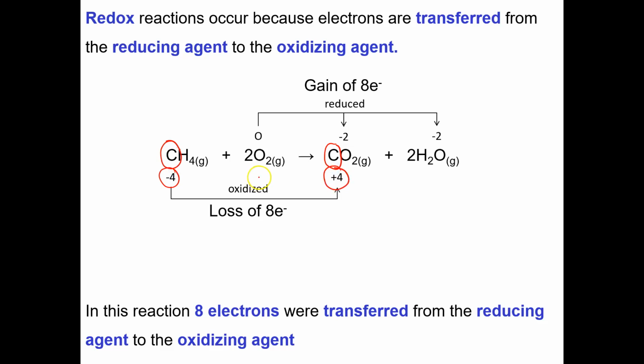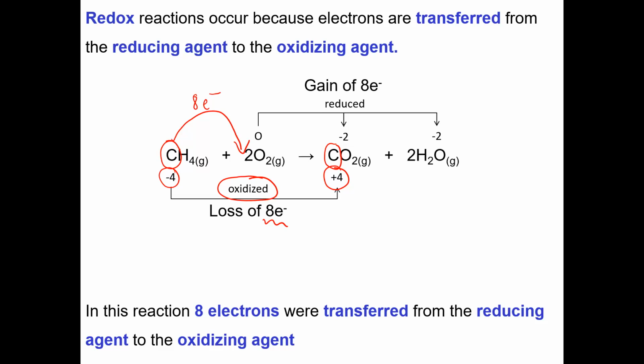So the increase in oxidation number indicates that the reactant containing the carbon was oxidized. The change in the value of the oxidation number was 8. So that means that our methane molecule is losing 8 electrons. Now, where do those 8 electrons go? Well, they get transferred to our other reactant.